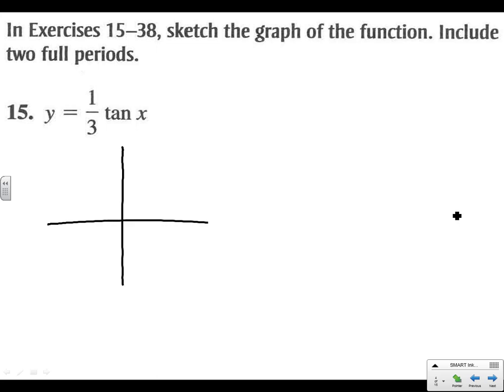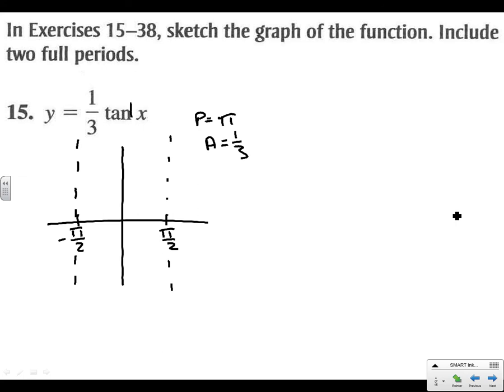All right, here we go. Our period on this one is pi, because there's just a 1 inside here. Our amplitude is 1/3. So we'll go ahead and say pi over 2. Remember, half of the period. And negative pi over 2. Let's get some asymptotes going here.